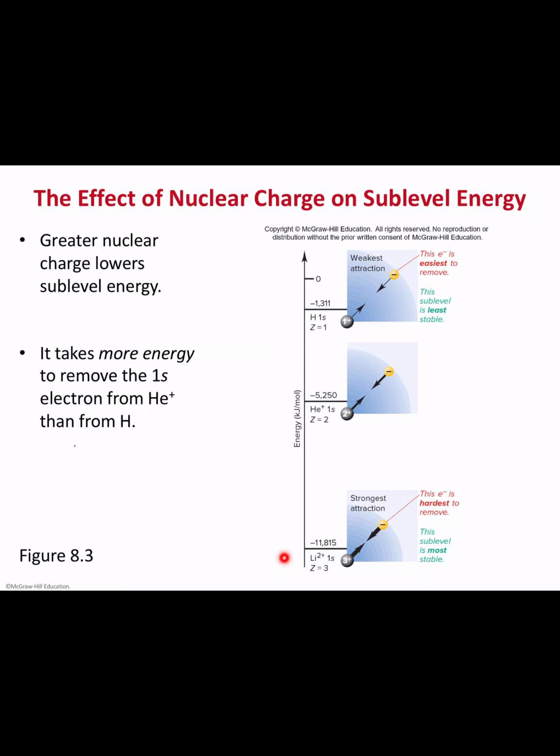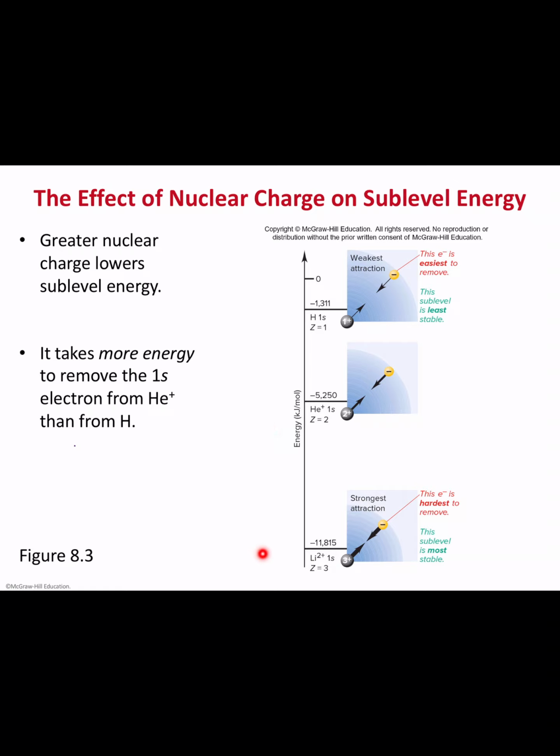So this diagram shows that the 1s sublevel in hydrogen, meaning one proton attracting one electron, is the least stable, meaning it has high energy. It is 1311. And if you look at helium plus, the energy is 5250.